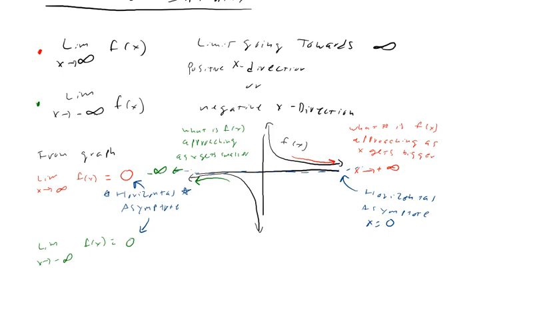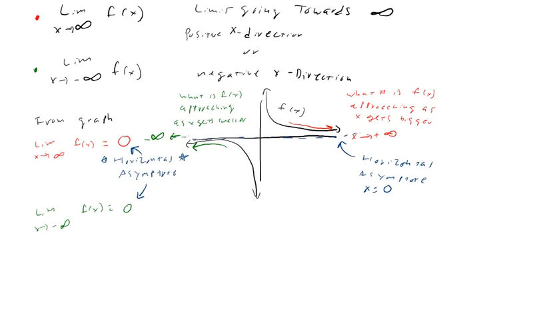Horizontal asymptotes care about what's happening on the ends of the graphs. So as we're going towards infinity, we want to know the edge behavior, the end behavior of these graphs. What is happening on the extremes?